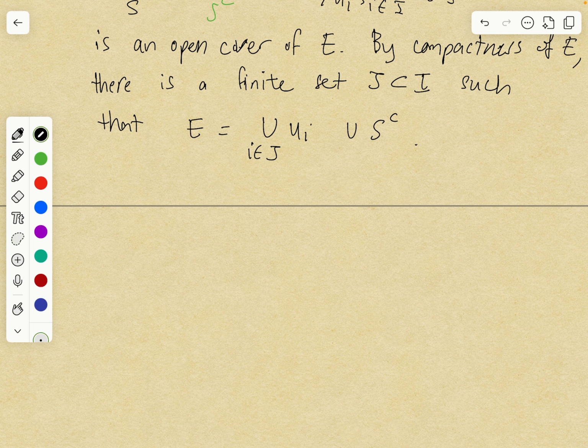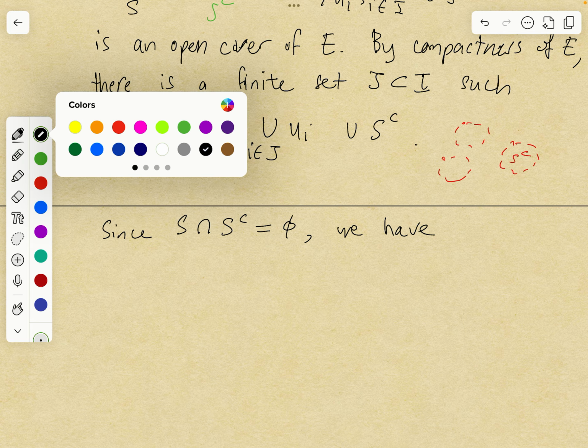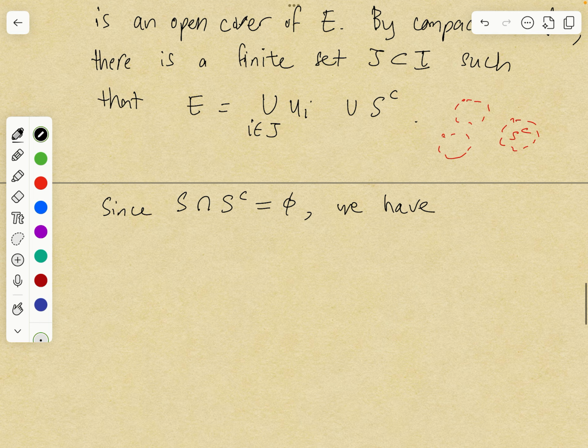But if you look at this last subset, S complement, S doesn't intersect S complement at all, right? So since S intersect S complement is the empty set, if E is the union of a bunch of these UIs and then S complement, and S is a subset of E, but it doesn't intersect S complement at all, then that means that S must be in the union of the UIs.